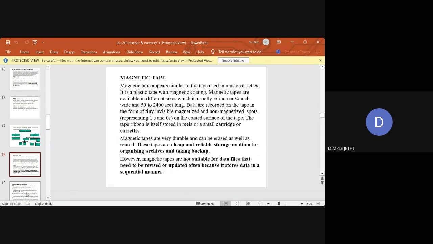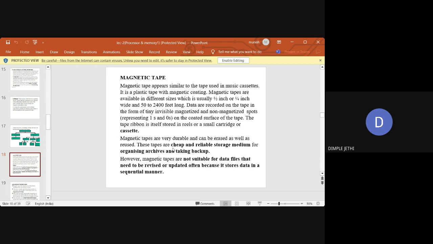What is the technology? Magnetic tapes, as I said, were very cheap. They can still be used for taking backups, for offline storage, because the hard disk is installed in your system, and whatever you are doing, you are saving that data in the hard disk at the same time.